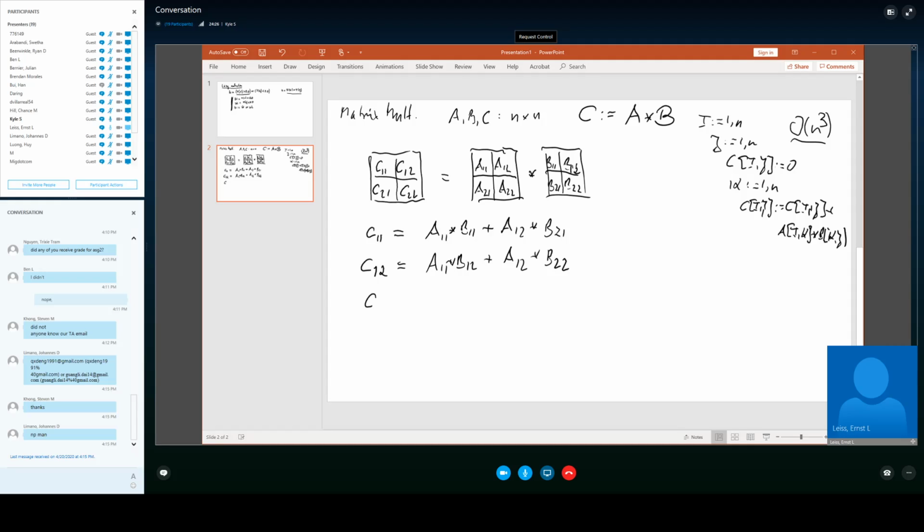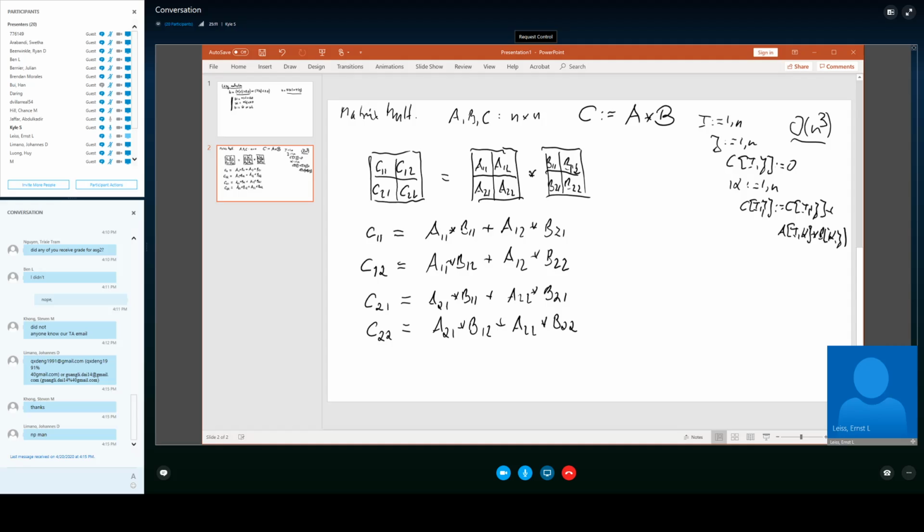And then C21 is this row with that column. So A21 times B11 plus A22 times B21. This row of A with that column of B. And finally, the last, C22, is equal to this row from A with that column from B, A21 times B12 plus A22 times B22.